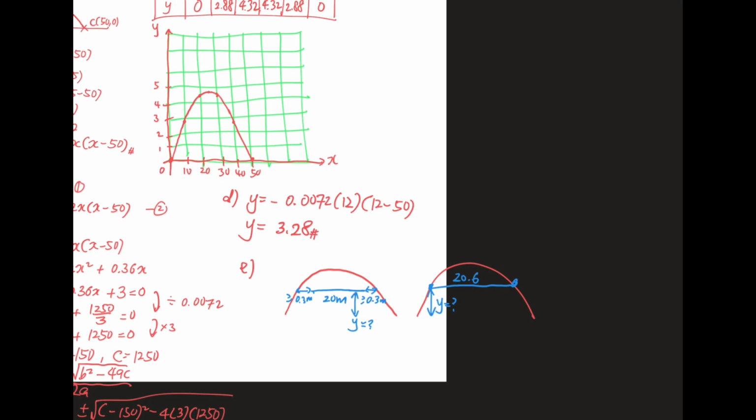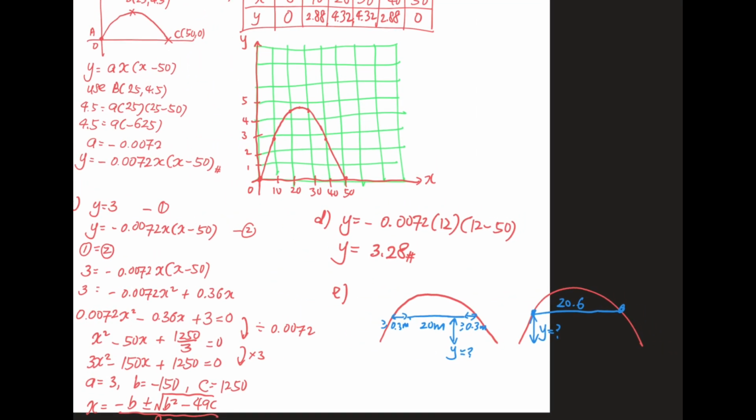We are looking for the y here. Okay, so 20.6 is the maximum, and then we want to look for the y if that is 20.6. If you are using graph paper, of course I can't use it because my graph paper is not really the exact graph paper.